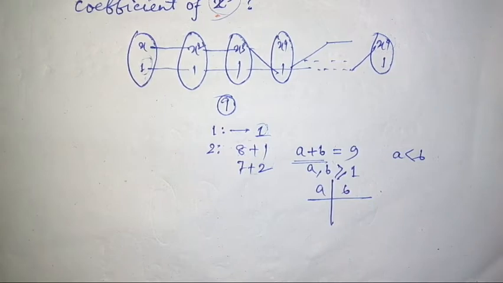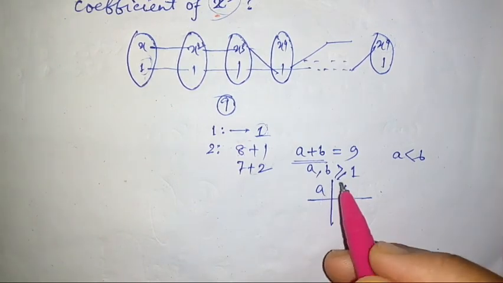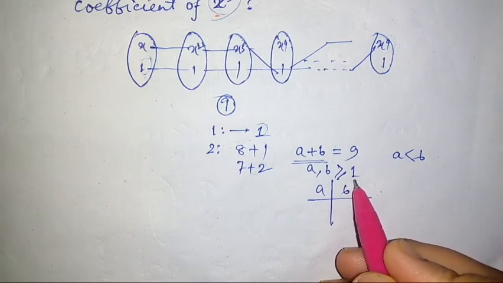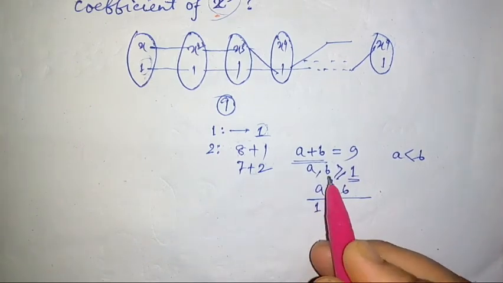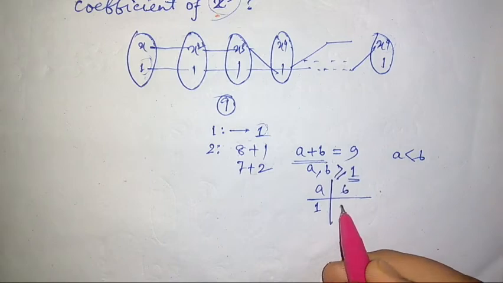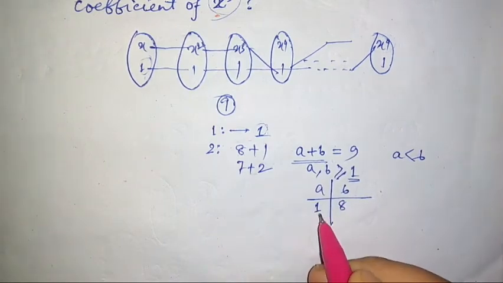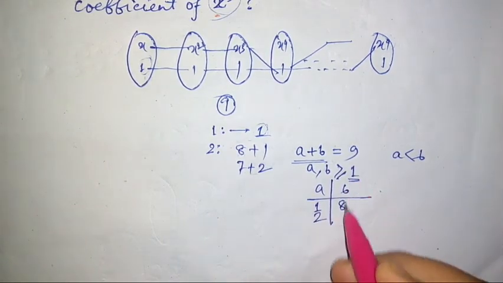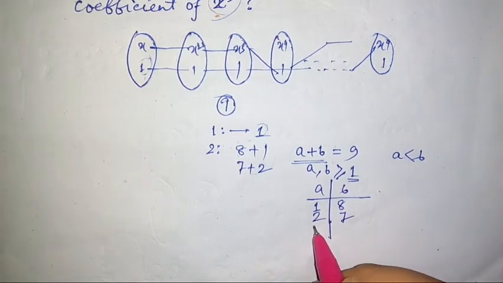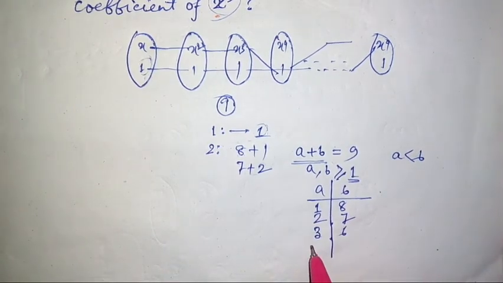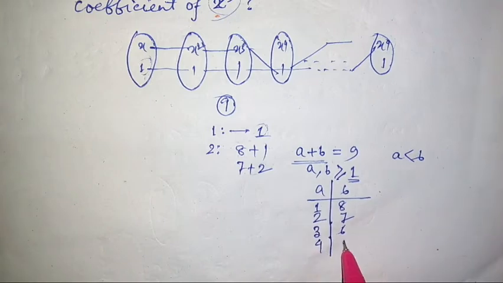I have assumed it because I do not want any repetition, and I am showing it by illustrating. First of all, I assume the minimum value of a to be 1, and if I put this in this equation, then b comes out to be 8. Done. Then I will increase this value and decrease that value, again increase, decrease.